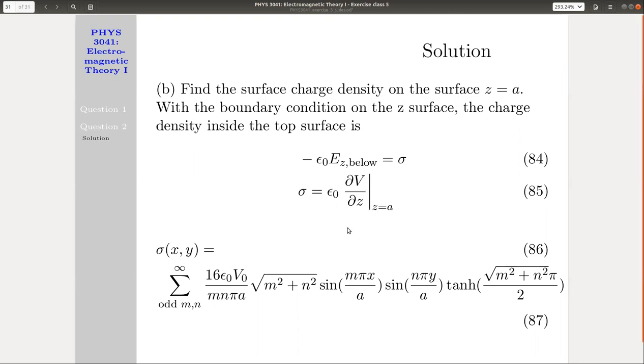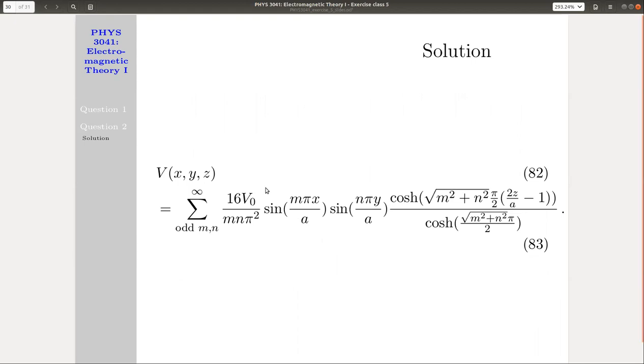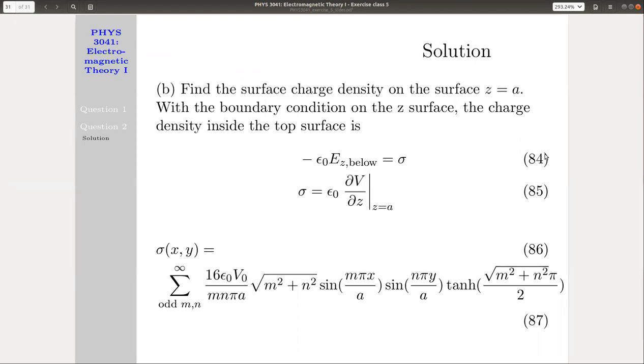And after doing the differentiation, you substitute z to be a. This is just the derivative of the solution that we have gotten. Then you substitute z to be a, and you should be able to get the charge density to be in this form.